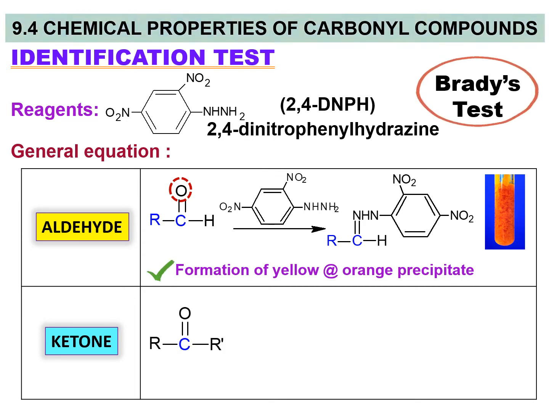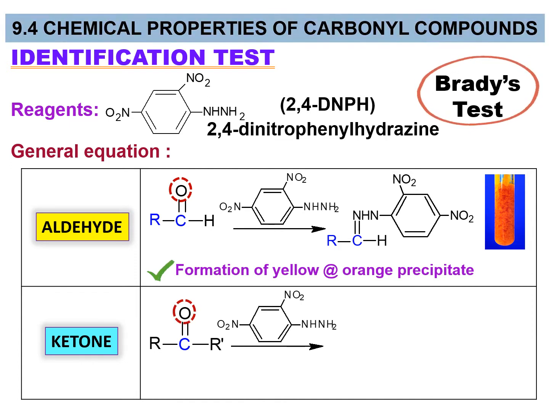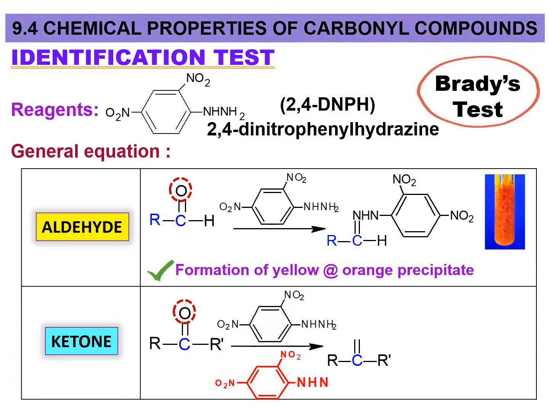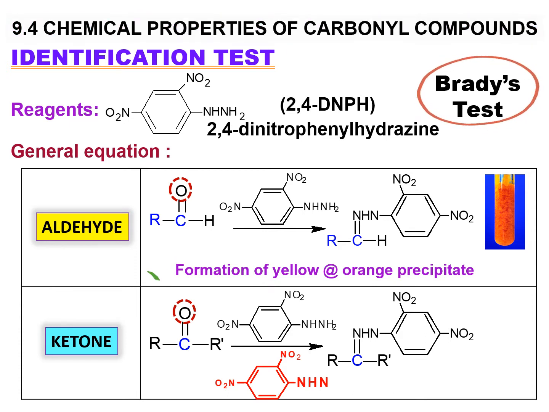The same thing applies to a ketone. Remove the oxygen atom bonded to the carbonyl group, remove 2 hydrogens bonded to the nitrogen atom, and the remaining reagent, we write on the carbon double bond.